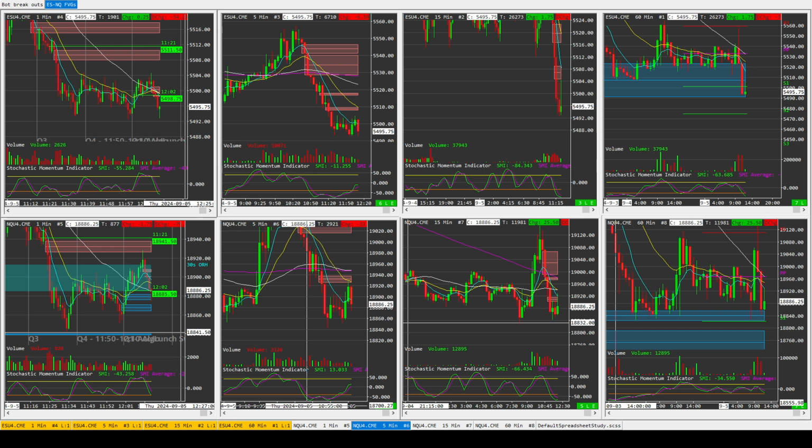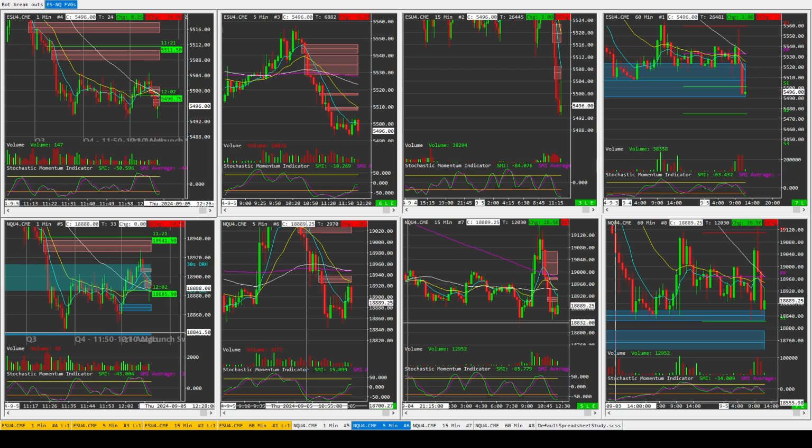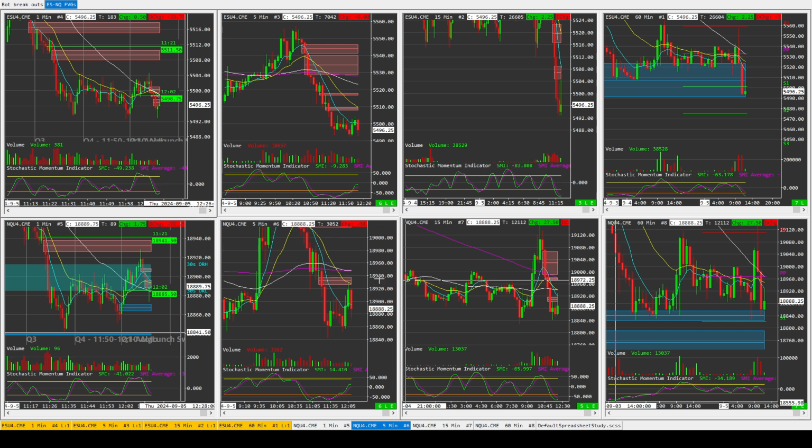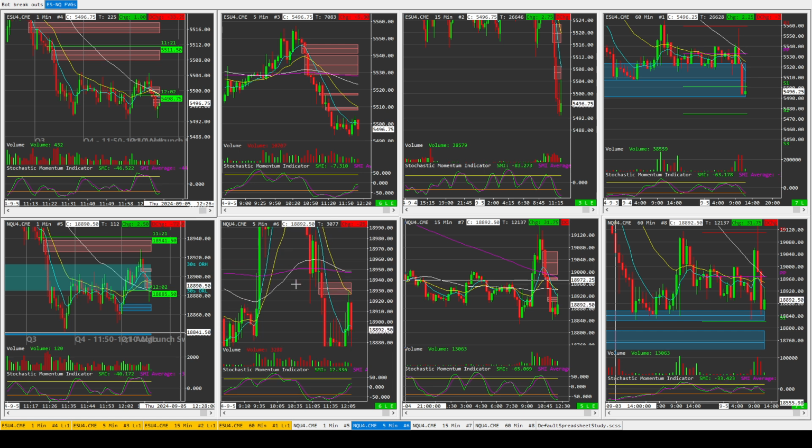Are the red and blue blocks a study indicator? Yes. So those are single prints pretty much, which I look at in all time frames, right?